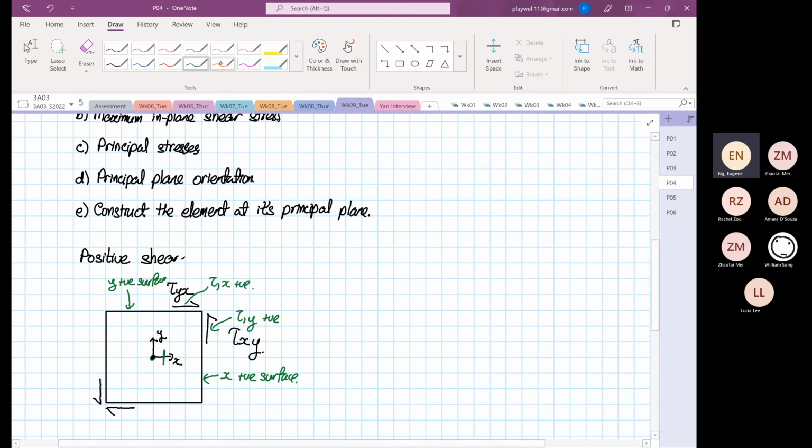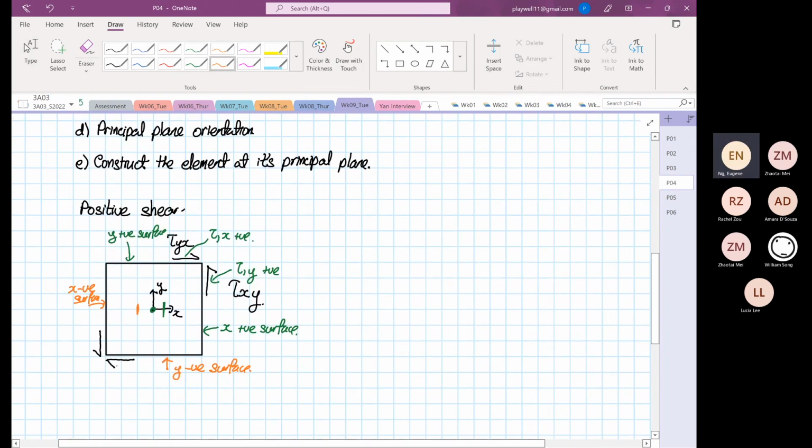And then if we look at the other surface over here, this is our X negative surface, because it's on the left-hand side of the dot in the center. And this will be our Y negative surface. If you look at the shear stress, the shear in the X is also in the negative direction.